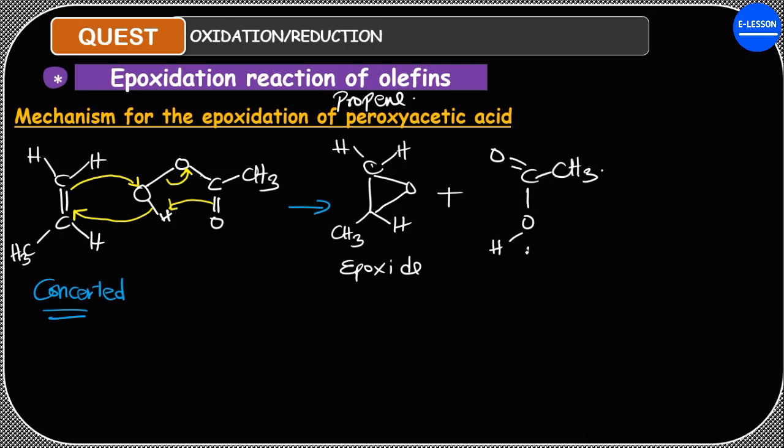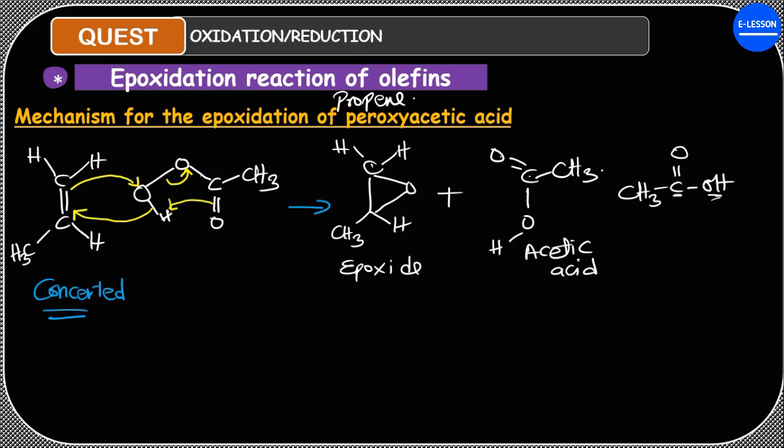And this is the structure of acetic acid, which you can also write as CH3, C double bond O, OH. So this is the mechanism for the epoxidation of propene by peroxyacetic acid.